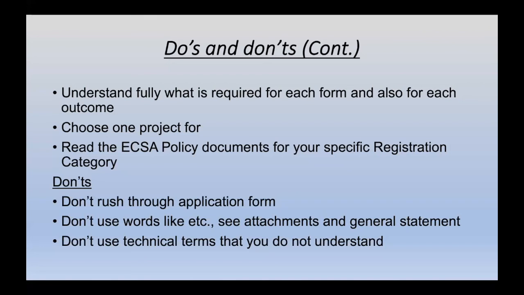That is R02, R08, R03, and then your guidelines for your registration document. Don'ts: don't rush through your application form. Don't use words like etc., see attachments, and general statements. Don't use technical terms that you do not understand. Next slide.